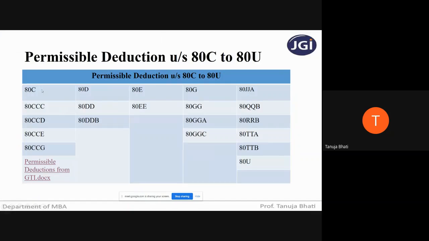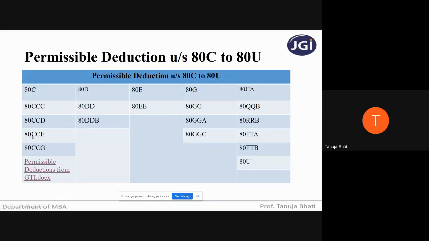So by this, we have completed the deductions under section 80C. That is, if you're making any investments in the 22 mentioned list, you will get a deduction, and the maximum deduction under 80C you can get is only 1,50,000. 80CCC, when you are investing in a pension fund set up by LIC or an annuity plan given by LIC, you will get a deduction. 80CCD is when you are contributing to the NPS, National Pension Scheme, notified by the central government, you will get a deduction. 80CCE tells that the total of 80C, 80CCC and 80CCD should not exceed 1,50,000.